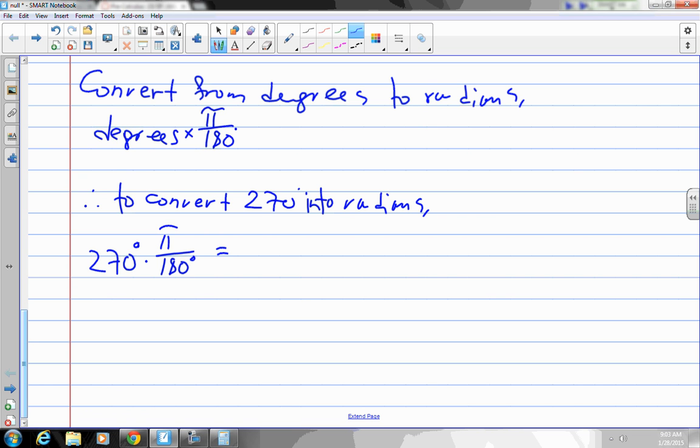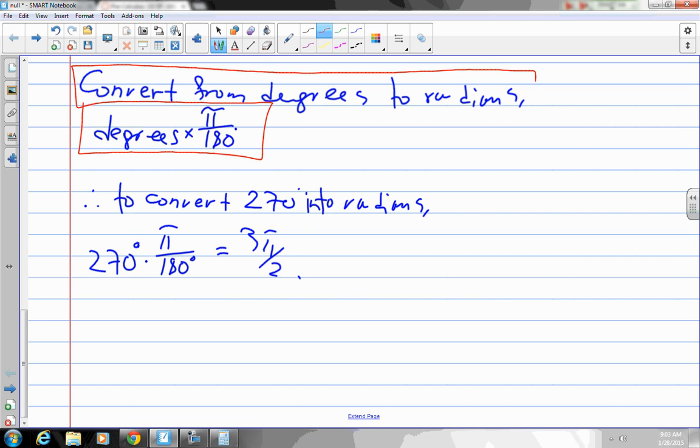So degrees cancel. 270 and 180 have a common factor of 90. 90 goes into 270 three times, 90 goes into 180 twice, so this whole thing becomes 3 pi over 2. So 3 pi over 2 is the radian measure of 270 degrees. How's that? Pretty straightforward. So that's how to convert from degrees to radians.